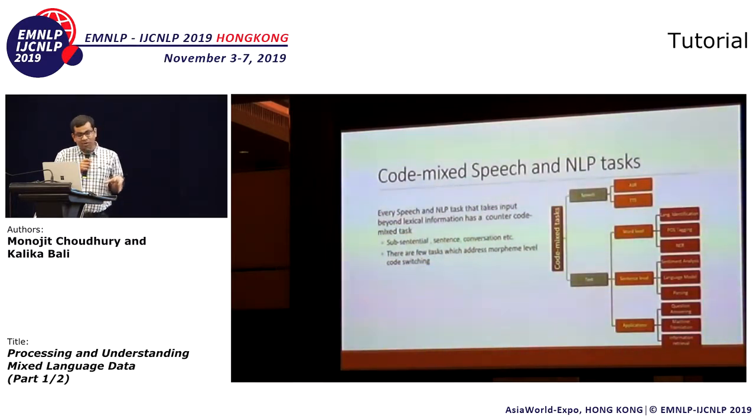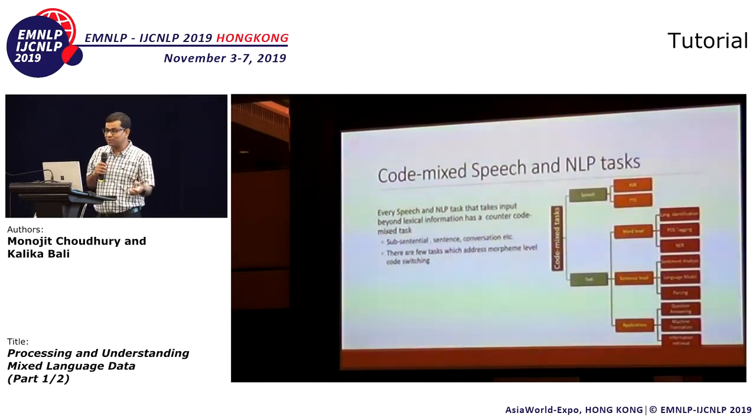But there are also challenging tasks which often take more than one sentence, which I'm categorizing as application level, because they have many industrial applications as well. In question answering, when you ask a search engine like Bing or Google, instead of giving a monolingual query, you give a code mixed query.